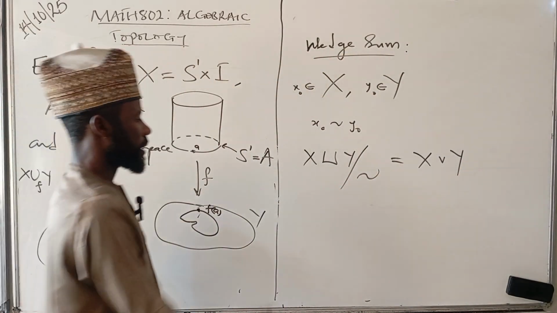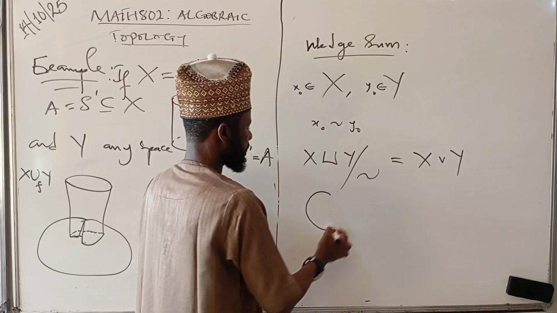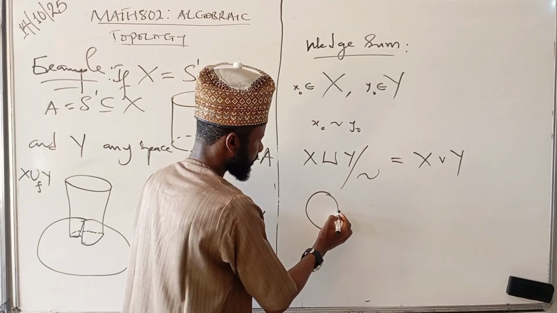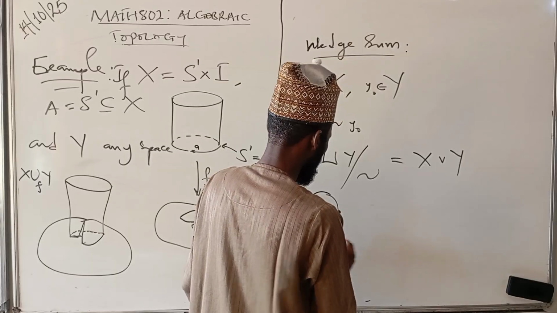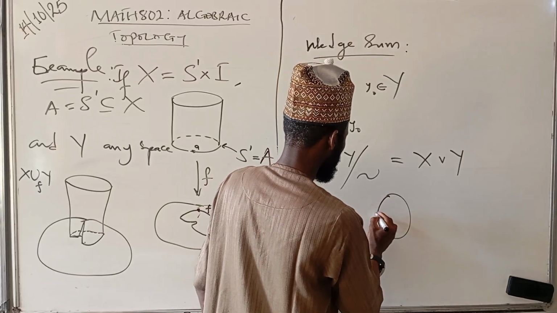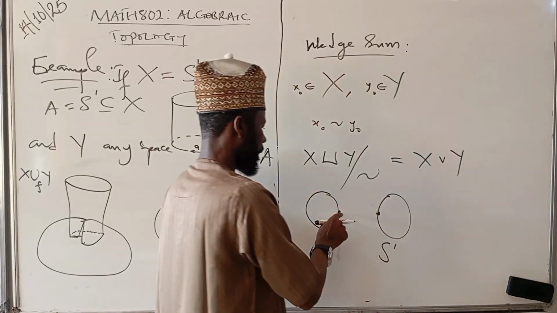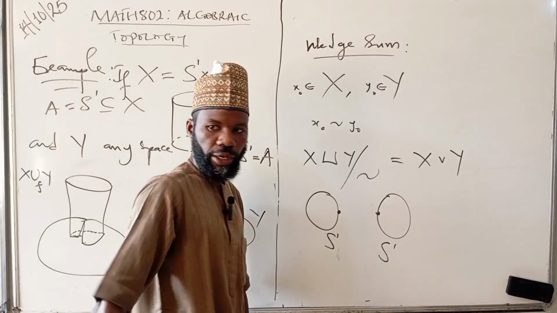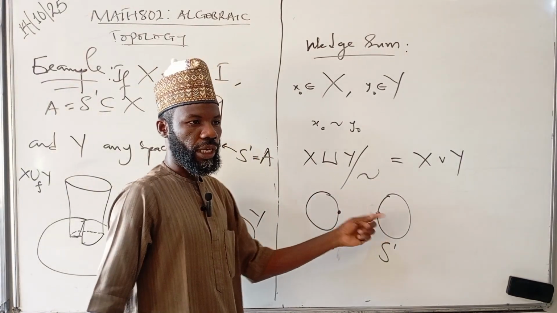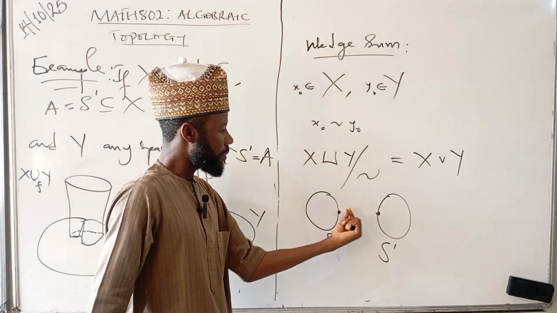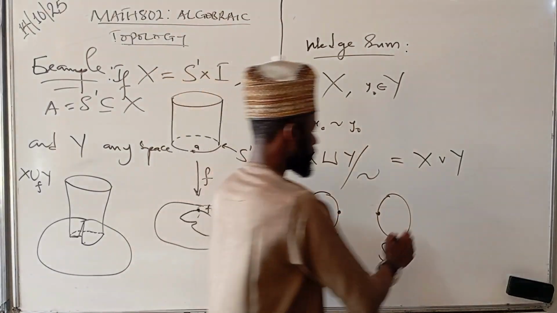So once you do this, you get the wedge product or wedge sum denoted by this. So you can think of this like, for example, if you take a cycle S1 and you identify a point of the cycle, and then you take another cycle and you identify a point, and then you can glue the two points together. So this point is equivalent to that one, so you identify them together, and then you have a new space.